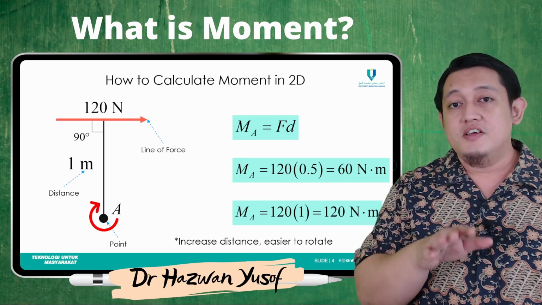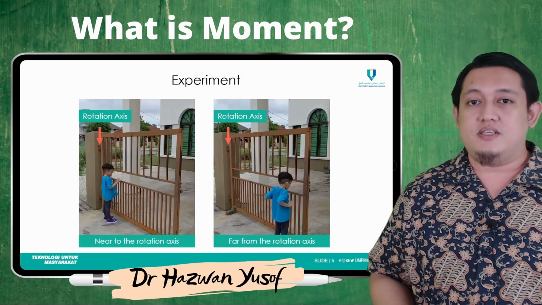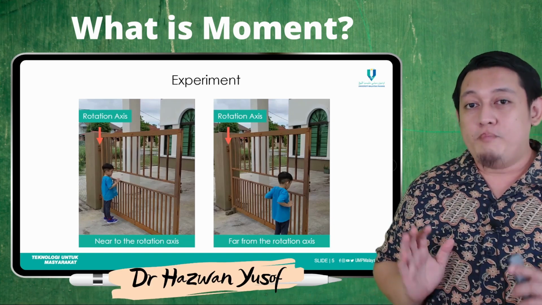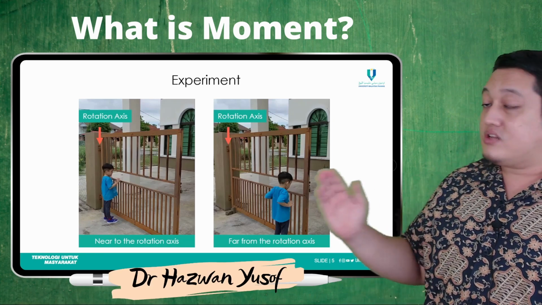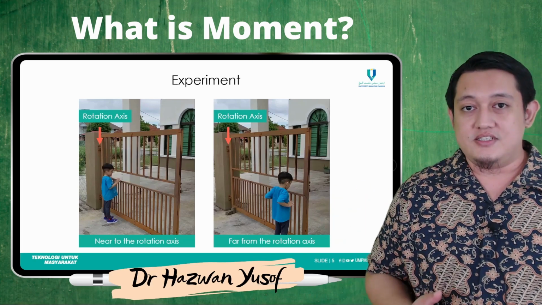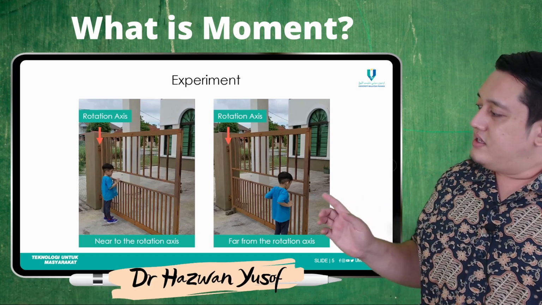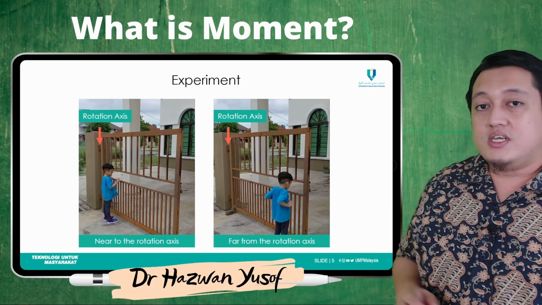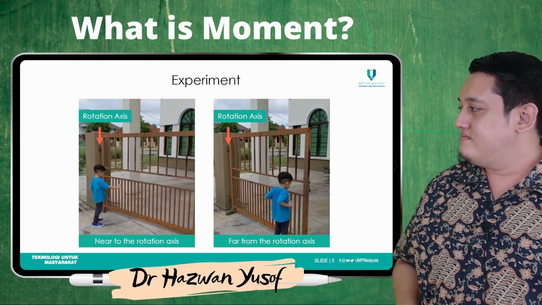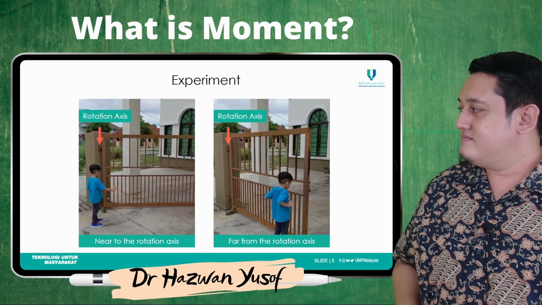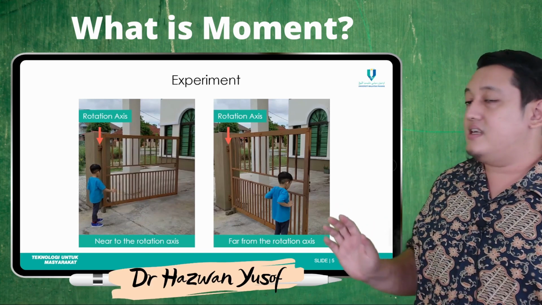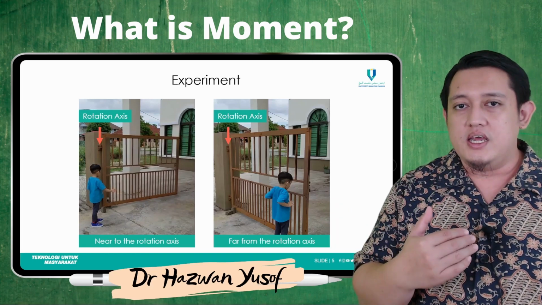If you don't believe me, let's look at this simple experiment performed by my son. I asked him to push the gate near to the rotation axis and also far away from the rotation axis. Let's see what will happen if I ask my son to push it near to the rotation axis. As you can see, my son can still push this gate, but the gate rotates slowly.